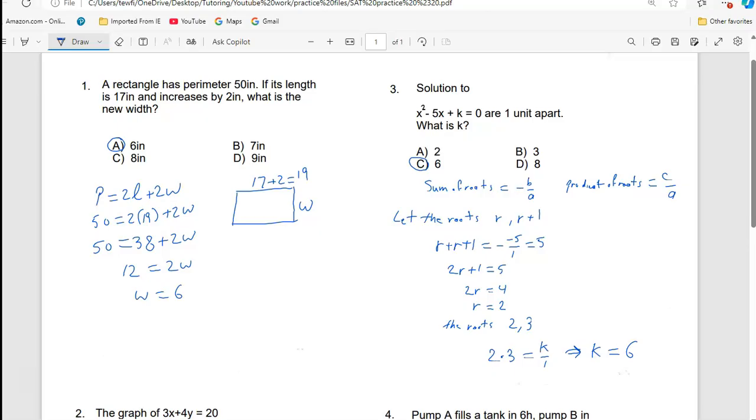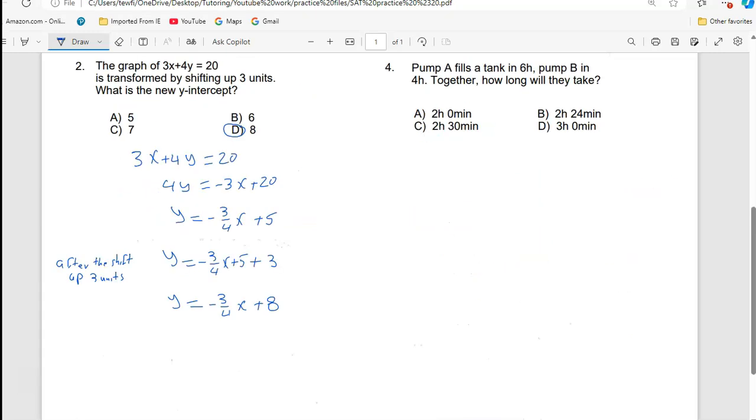And for the next one, number 4, you can give it a try first. For this problem, they said pump A fills a tank in 6 hours, pump B in 4 hours. Together, how long will they take?